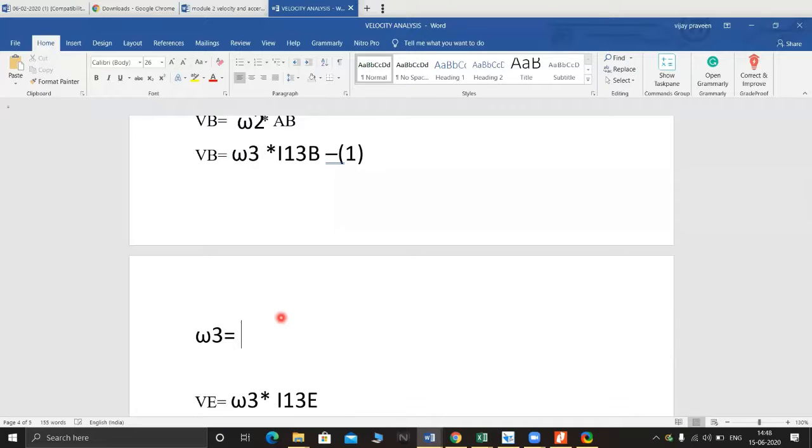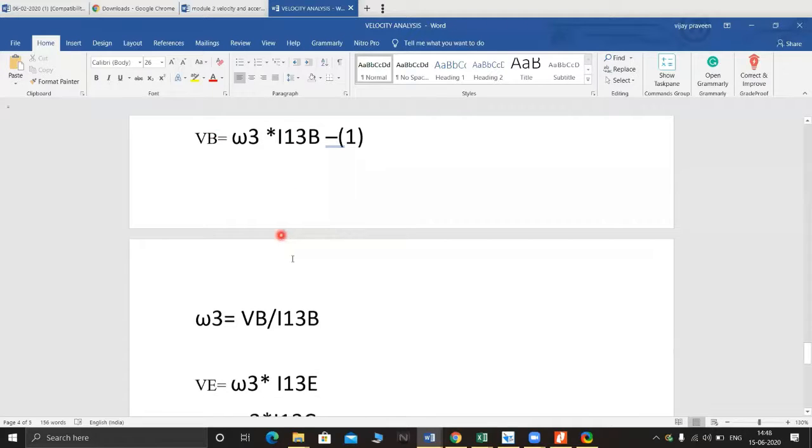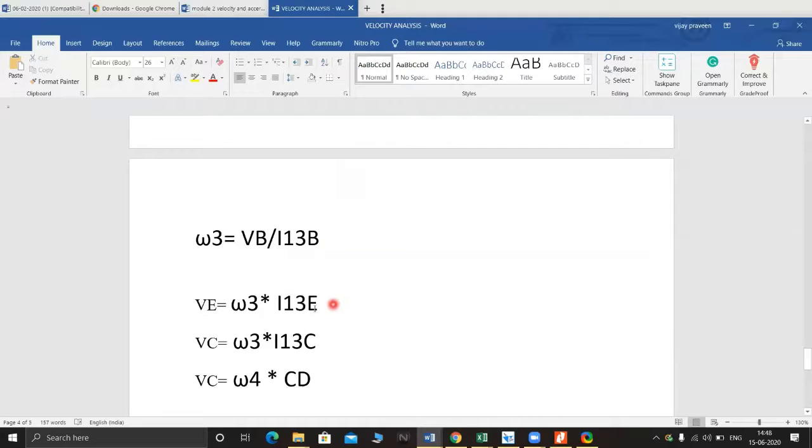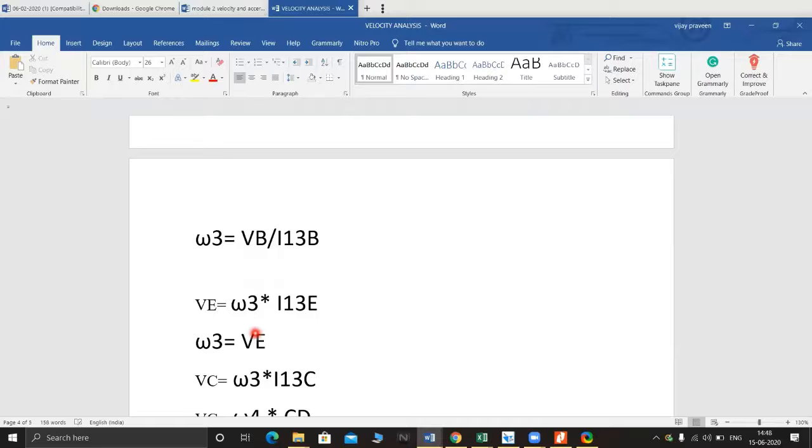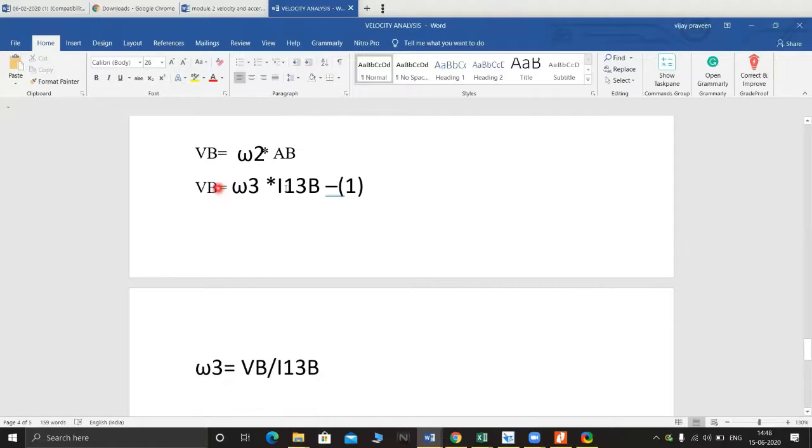Omega 3 is equal to VB divided by I13B, or omega 3 is equal to VE divided by I13E. Either equation can be used.